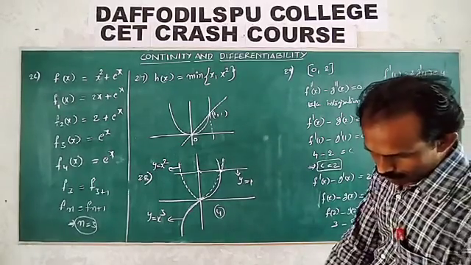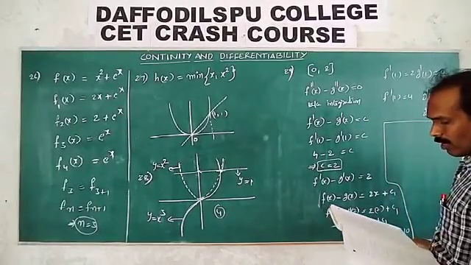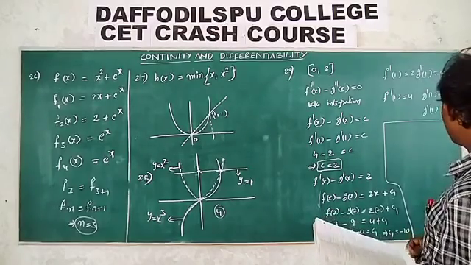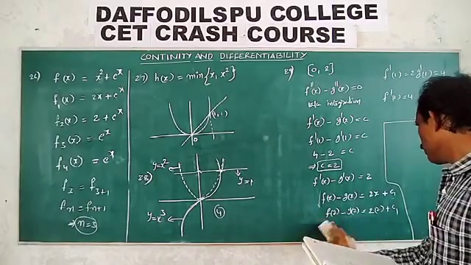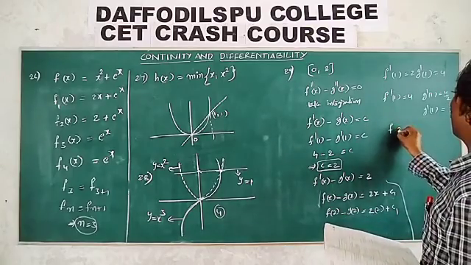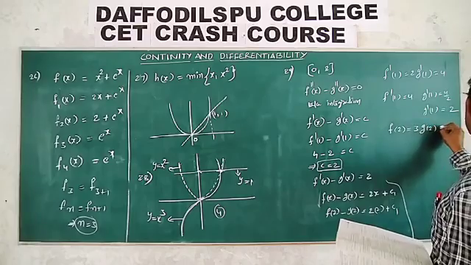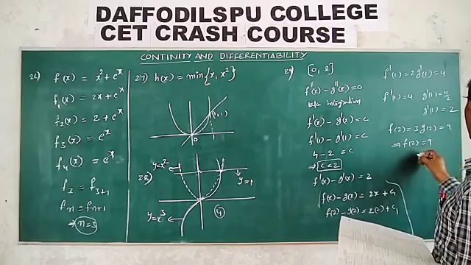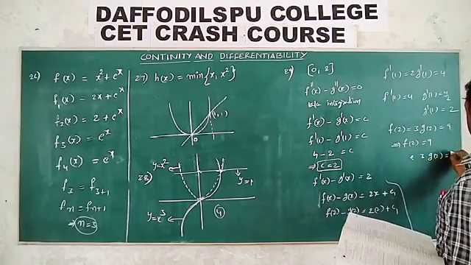So finally, sorry, again like this. What is given? f(2) is equal to 3 of... g(2) is equal to 9. This implies f(2) is equal to 9 and 3 of g(2) is equal to 9.